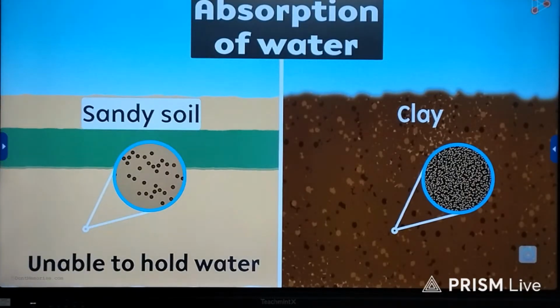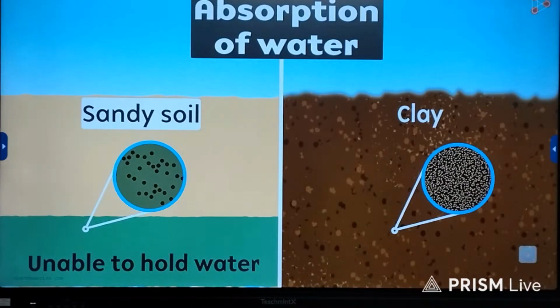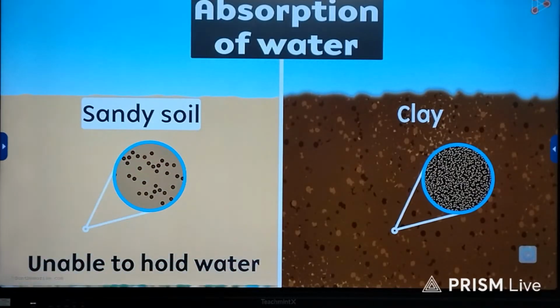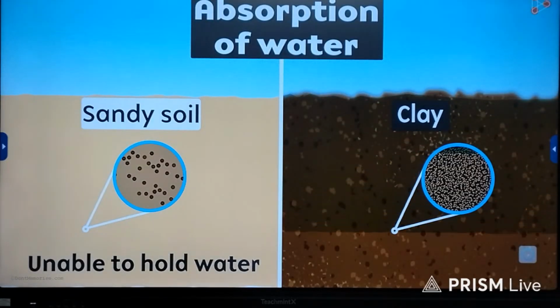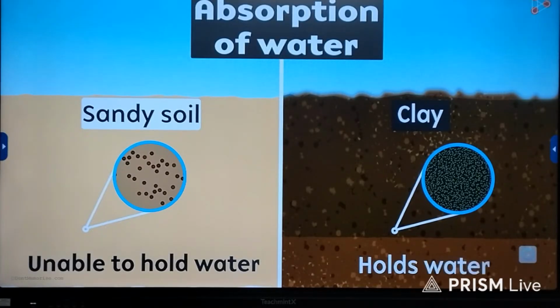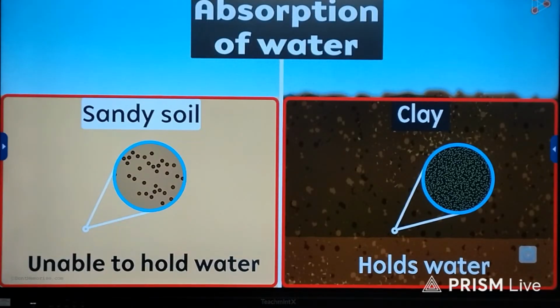Very less amount of water is taken up by this type of soil because most of it is drained off. Exactly opposite is the case of clay. Since the particles are too small, they allow water molecules to get in and remain in the space between them. That is the reason why clay absorbs water and retains it for a longer time. That's how we find different types of soil absorbing water in different amounts.